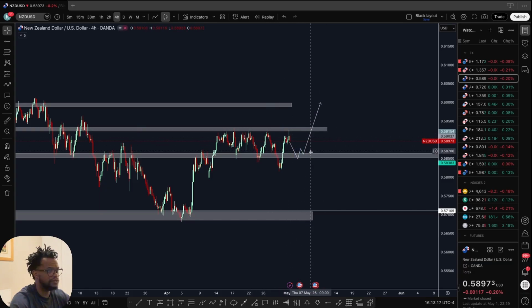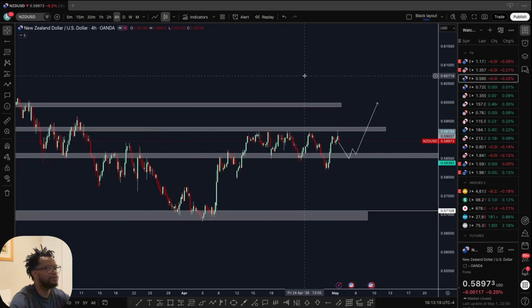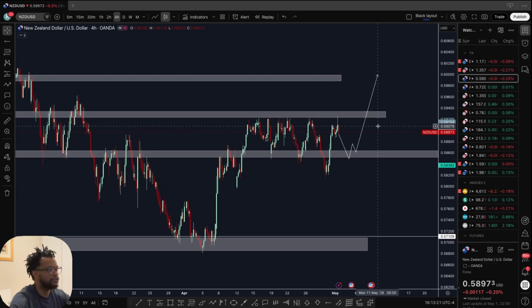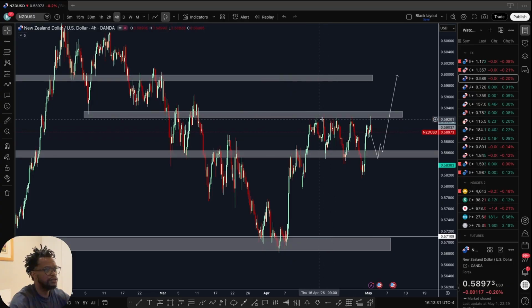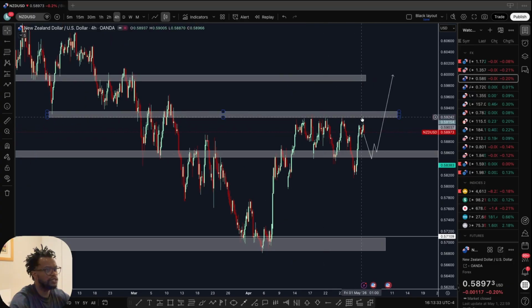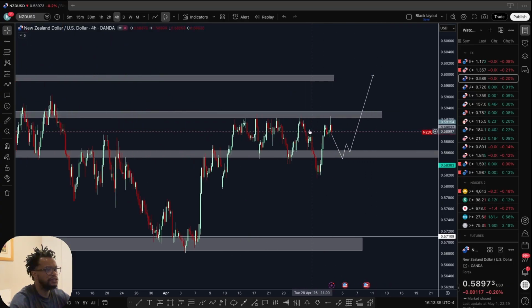You know, it might just react and come back. So it's probably going to be a short in and out trade if I take it at this level, because we are struggling to break this resistance zone. We've been struggling for quite some time now to break the zone. So we are sort of stuck in this range, and it's not for me.